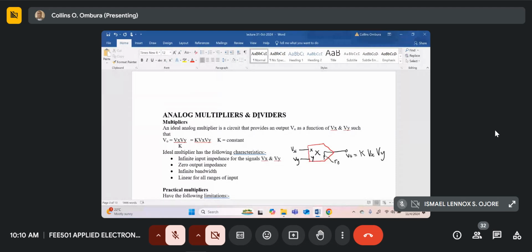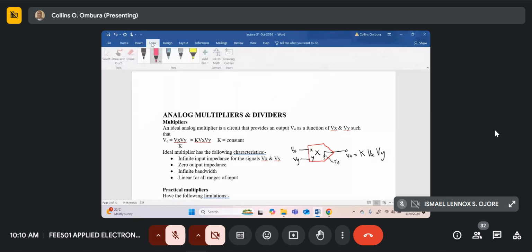So we started a new topic yesterday, the last time, which was analog multipliers. Of course, in your telecoms, those of you who are doing telecoms, you are just representing a multiplier with a cycle.